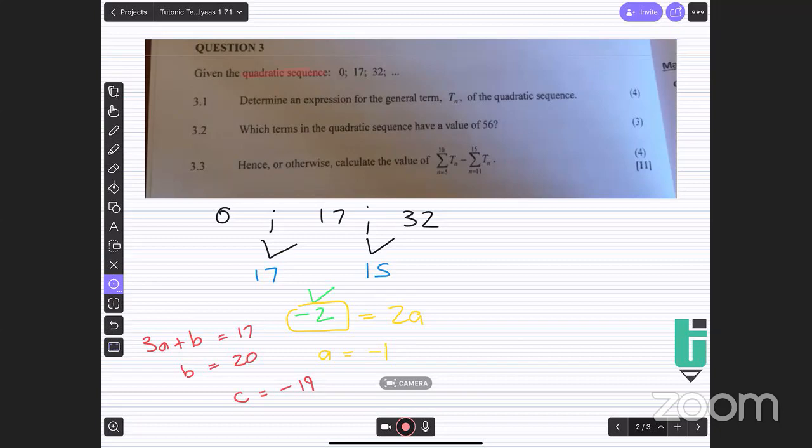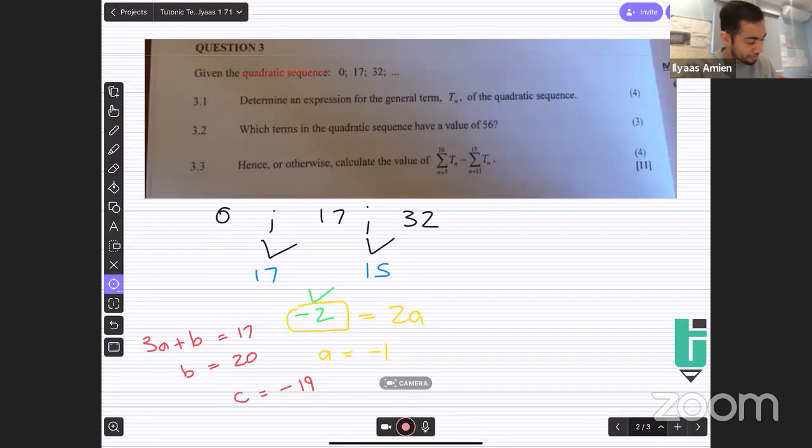The second difference is equal to 2a. It's 2a, and then 3a plus b, and then a plus b plus c.